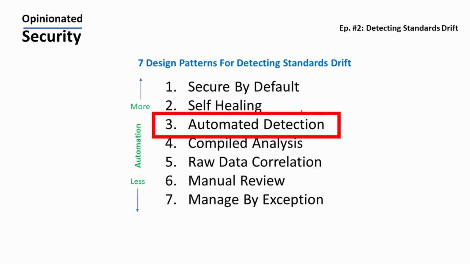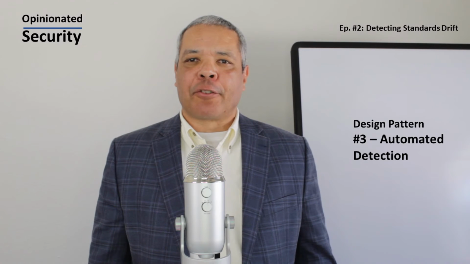These are really automated reviews or monitoring of systems that look for drift with high fidelity tuned alerts, so that you don't have to spend a lot of manual time determining if something is within policy or outside of policy, or if there's drift in a particular system.